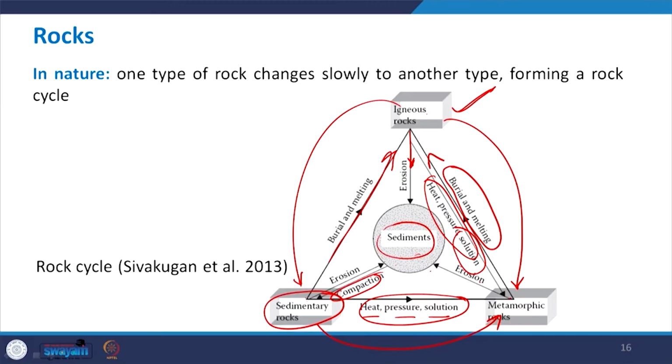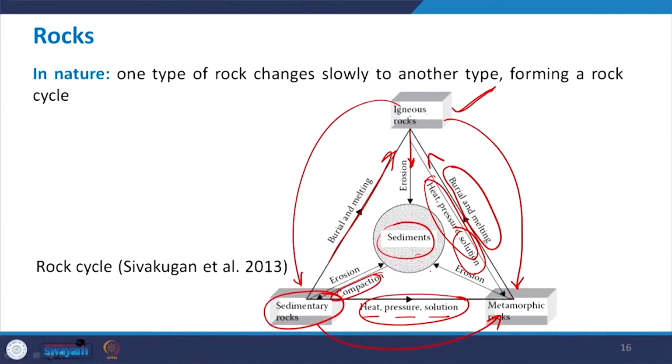So, what this cycle gives me the idea is that one rock can be converted or changes to the other rock type, like igneous rock upon erosion and compaction can be converted to sedimentary rock. Sedimentary rock under the application of heat or pressure or solution can be converted to metamorphic rock.